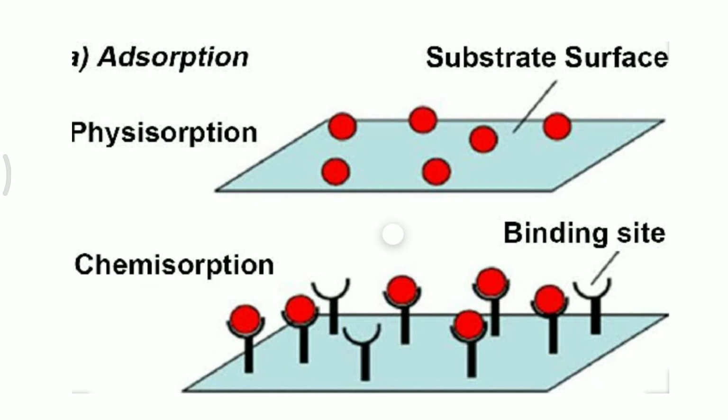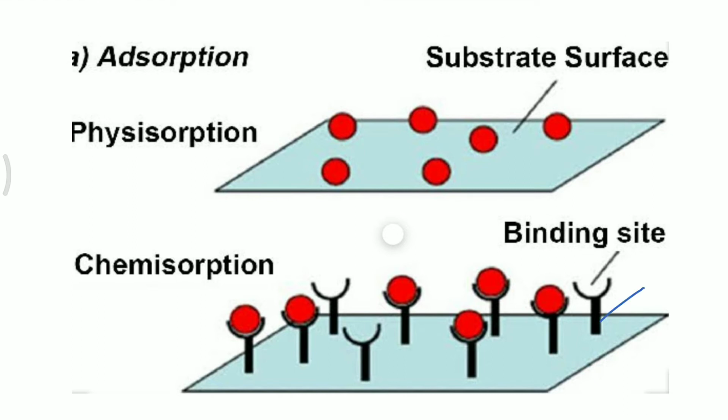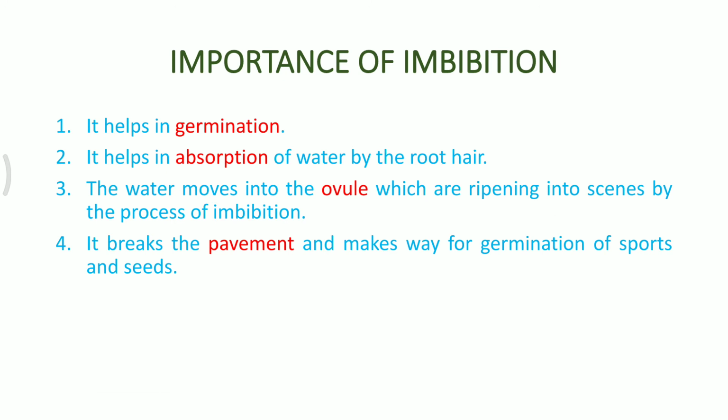These structures are known as receptors, and these receptors bind the water molecules, and they will stay in this condition unless the receptors lose the water molecules. So in these two ways adsorption occurs, and in imbibition, adsorption is the technique taking place. The importance of imbibition is that it helps in the germination of seeds, because the outer seed coat of any seed is made up of cellulose, and it can absorb water.